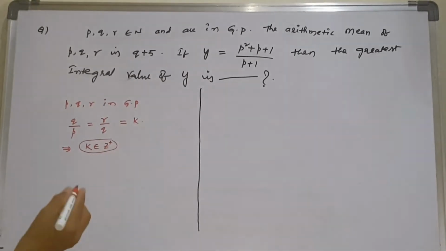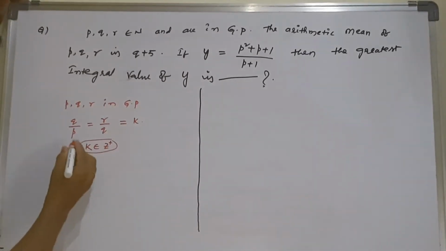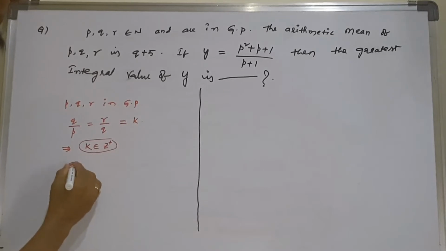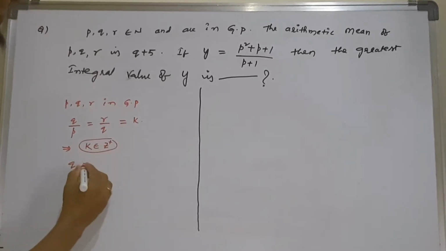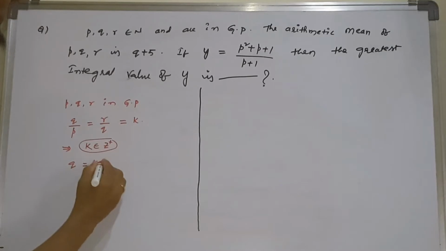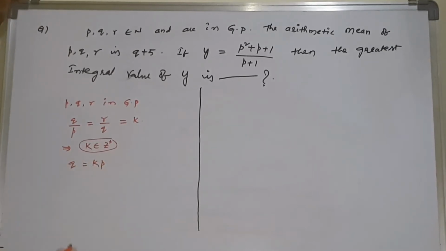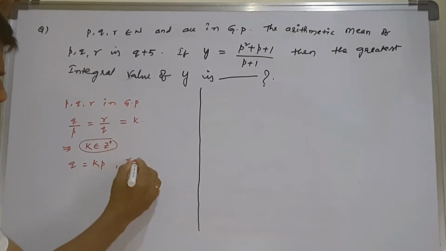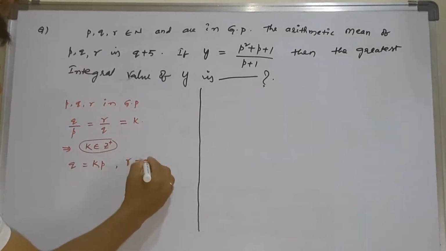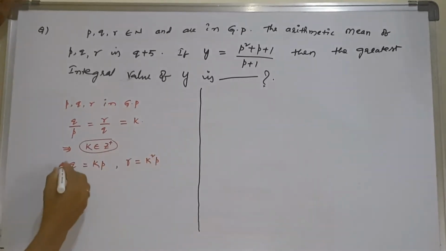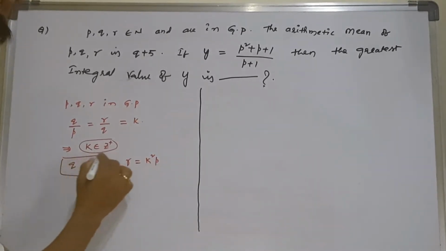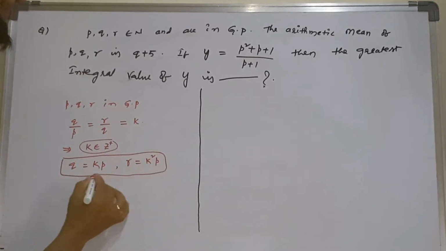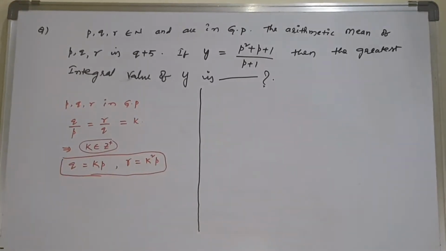Now from here we can take Q is equal to K times P, and R is equal to K square times P. This is the first conclusion we get when they are in geometric progression.